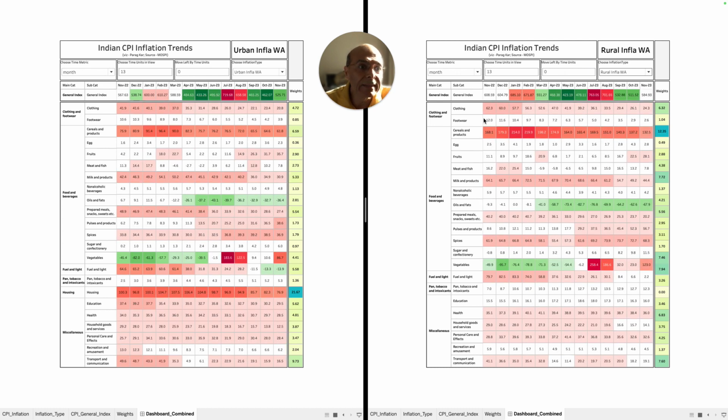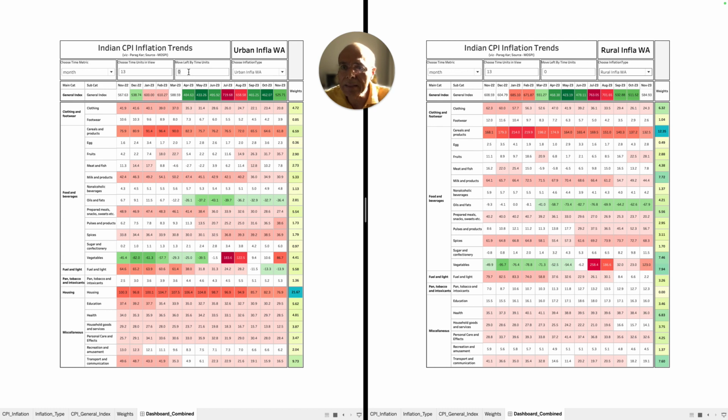You'll find that cereal prices started increasing beginning November 21. Now you see it's showing a rising trend. It is not slowing down, it's continuously rising. On the rural side, the contribution is much higher, though it has slightly plateaued in November 23, but the trend has been increasing.